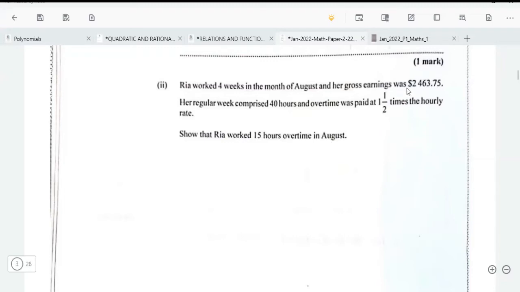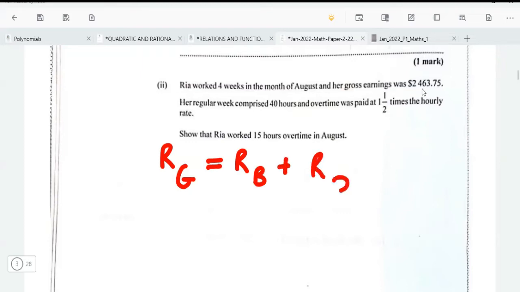So this was Ria's monthly or gross earnings. I'm just calling the gross earnings G. It's going to be equal to Ria's basic wage plus Ria's overtime wage. So B means basic and O means overtime.